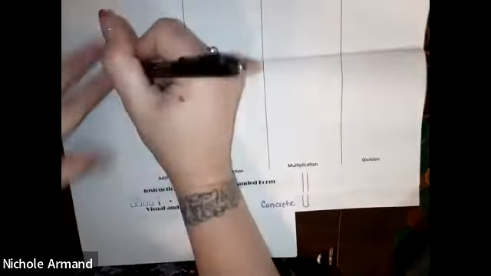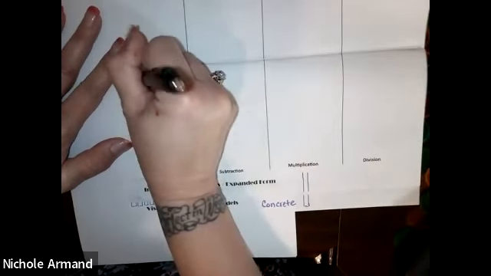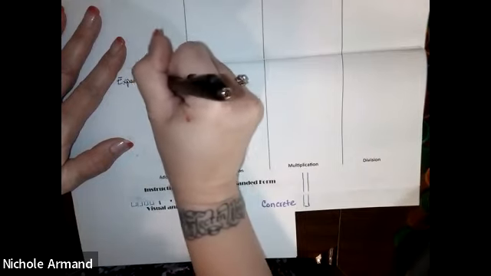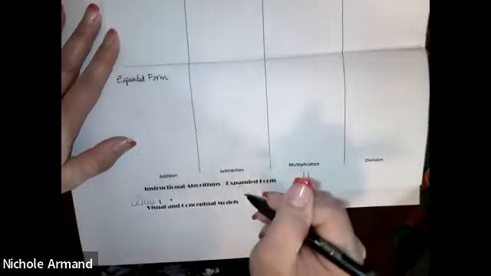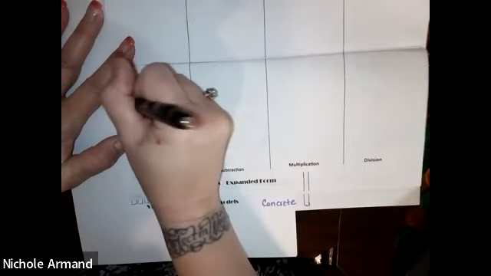So let's look at expanded forms for an addition problem. So we're going to call this expanded form. And we're going to do 69 plus 24.